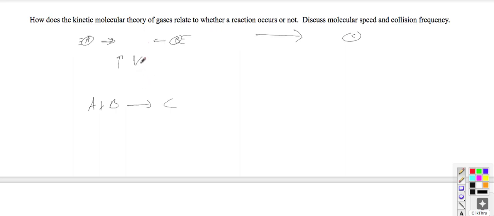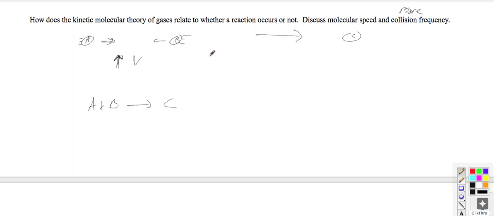So we have to have them moving very quickly to be able to happen. Also, if the velocity is high, then we're going to get more collisions. More collisions means that we're going to have a greater chance of those being able to hit each other and form the new gas molecule.